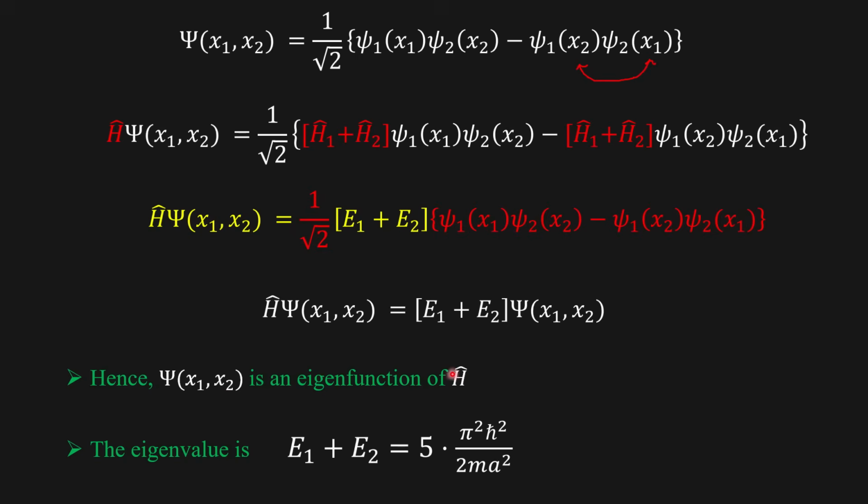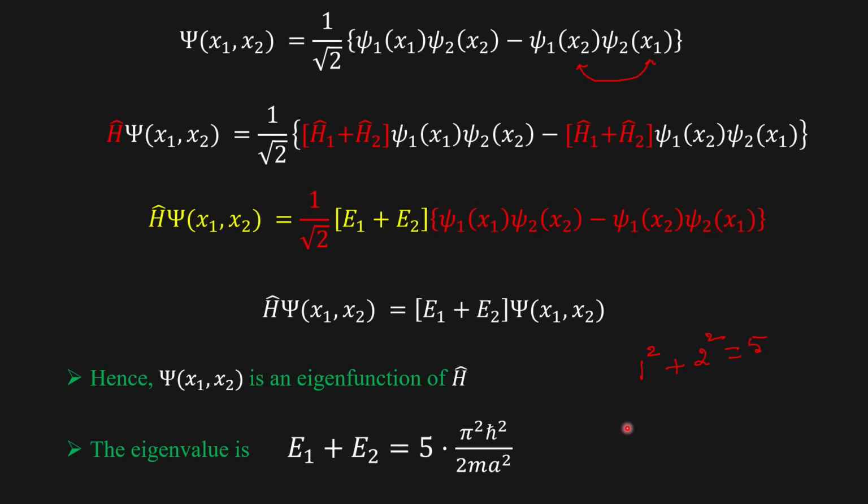We have proved it. The eigenvalue is E1 plus E2, where En is proportional to n squared: 1 squared plus 2 squared, which is equal to 5. So it is 5 times the ground state energy.